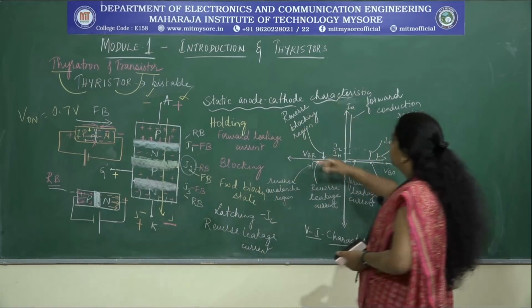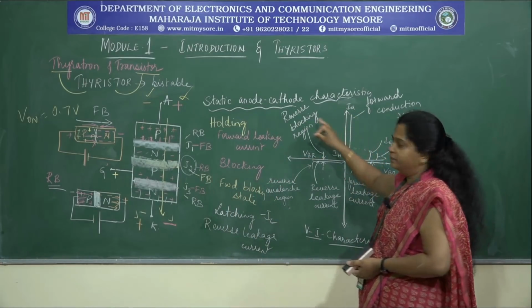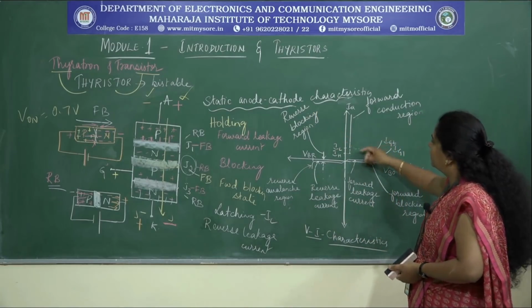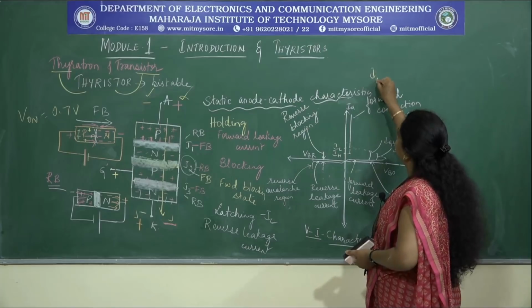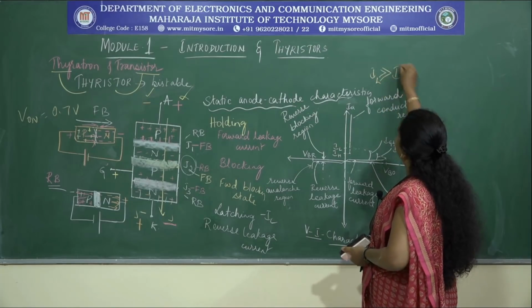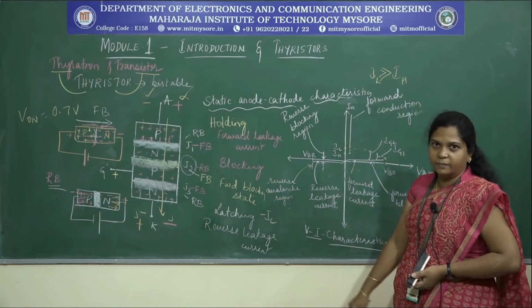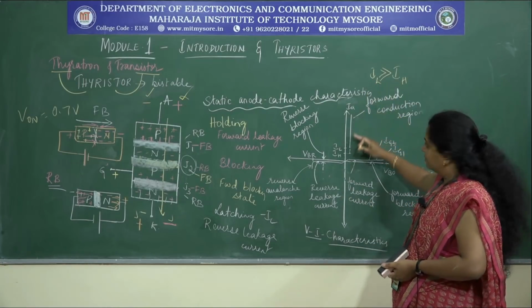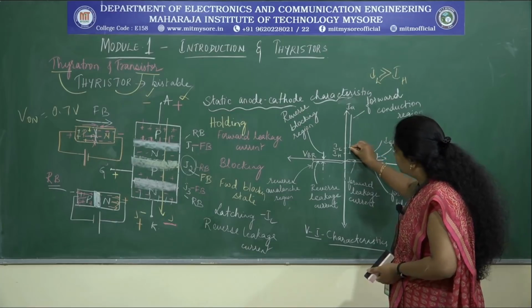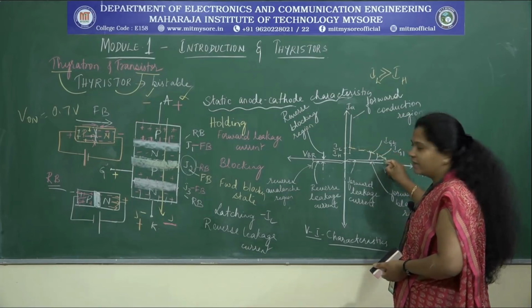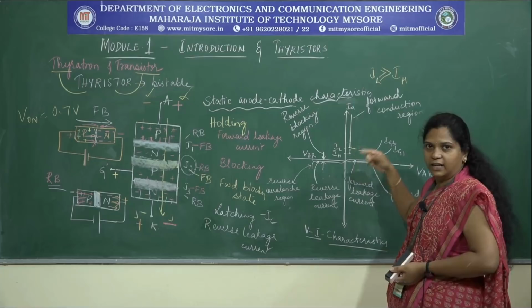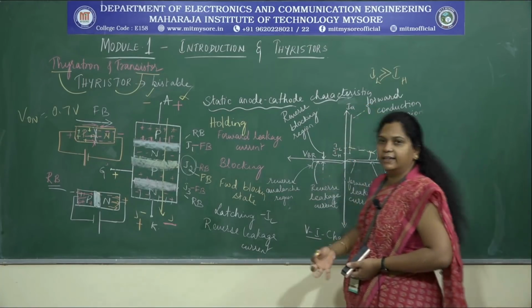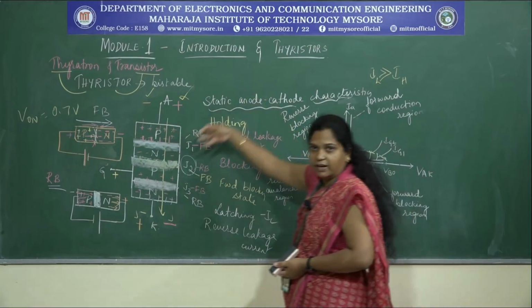So this is how the characteristics of the thyristor lie, and we always have to note that the latching current will always be greater than the holding current. Depending on this, the latching current is the current at the instant where you turn on the device. The holding current is when you are reducing the current, removing the injected electrons from the device.